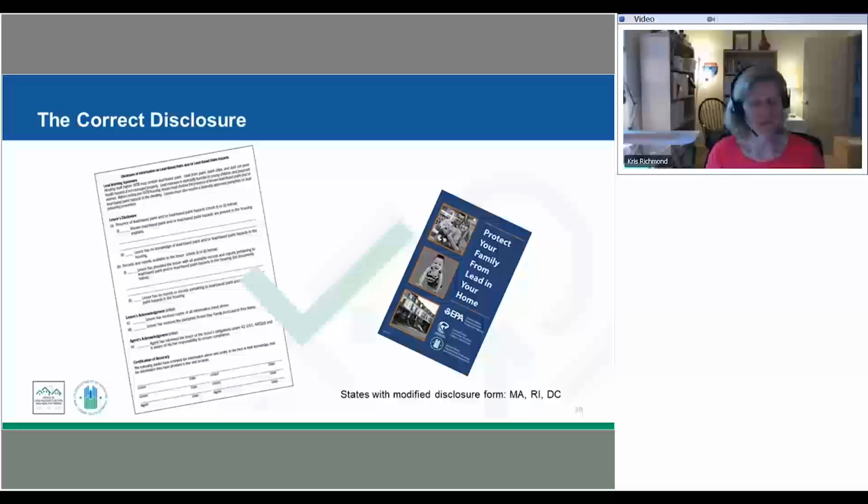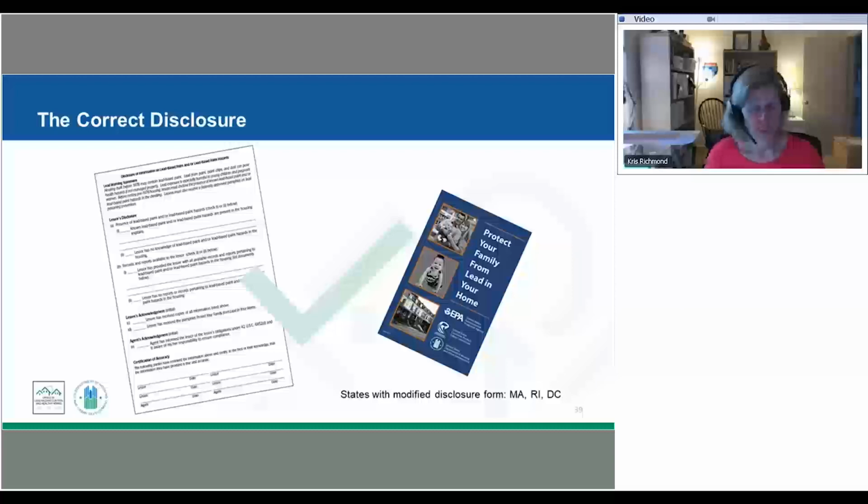This is found on HUD and EPA's website. There's one for sale and there's one for rental housing. So you want to make sure that you're downloading and using the correct form. Also be aware that there are potential penalties if you're not using the right form, or if you are using the right form but not filling it out correctly.